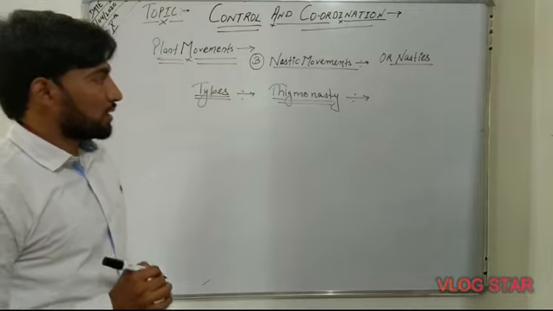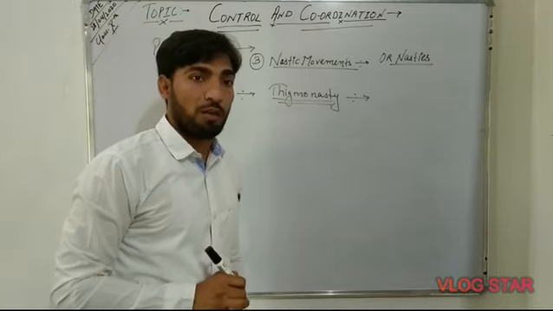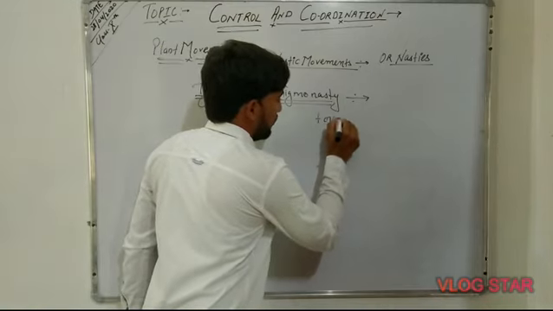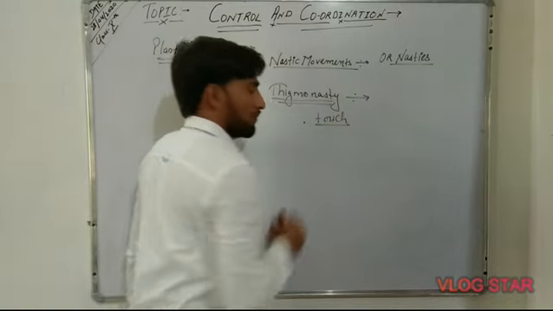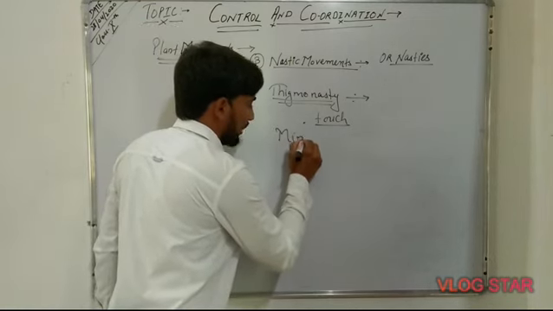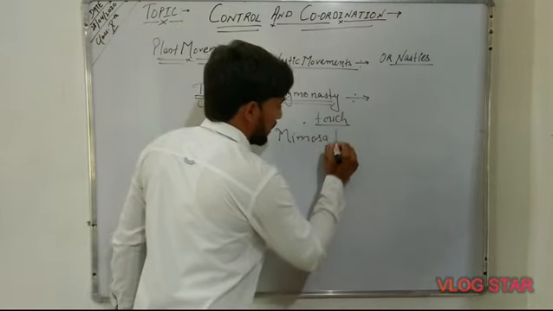Thigmonasty is the movement of a plant part or plant organ in response to touch stimuli. The example is a plant known as Mimosa pudica.